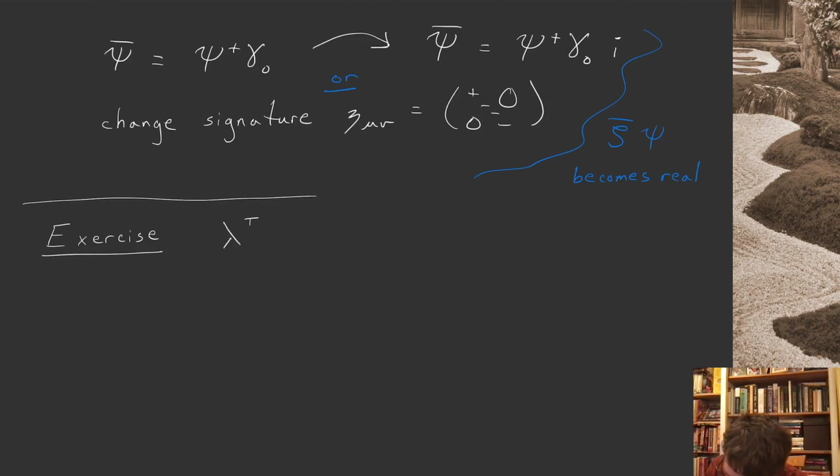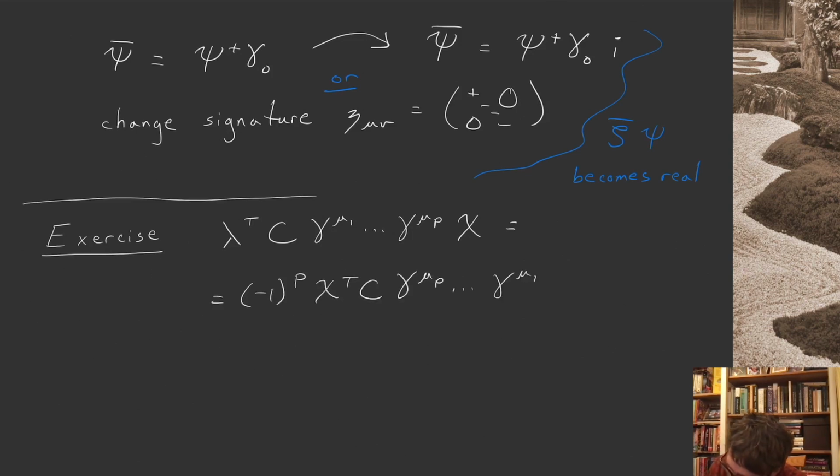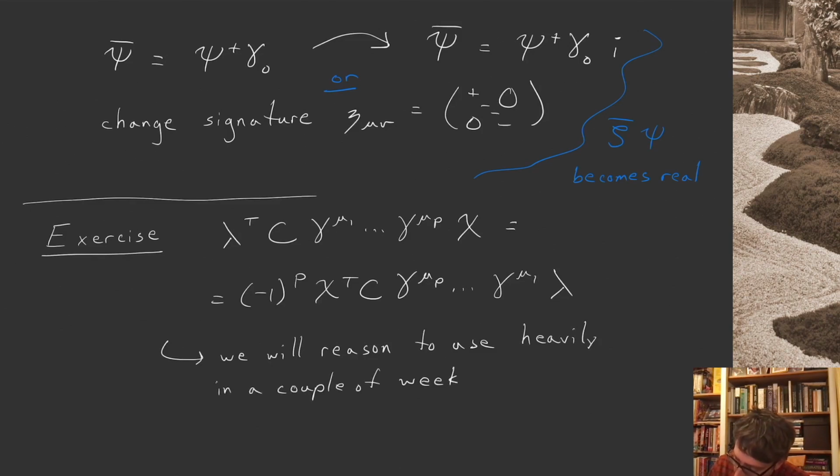It's to show that if I take the following sandwich of spinors, so I'm using this Majorana inner product, lambda transpose C, a bunch of these gamma matrices, another spinor chi, this is the same as (-1)^p chi transpose C, gamma mu p, ..., gamma mu 1 lambda. So again, we will have reason to use this heavily in a couple of weeks when we start looking at supersymmetric field theories.